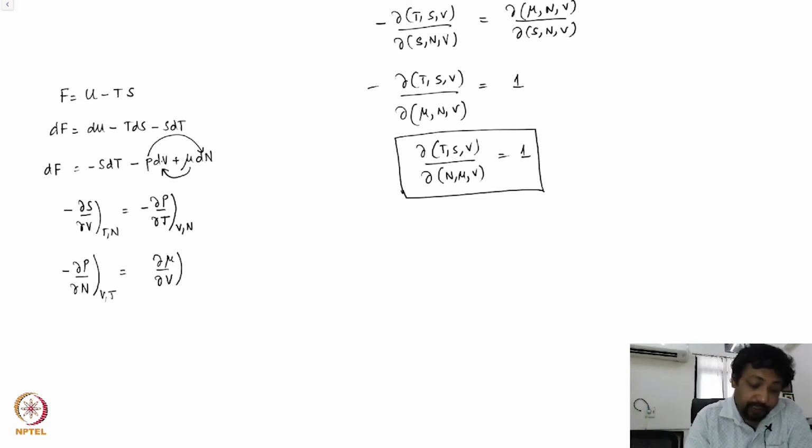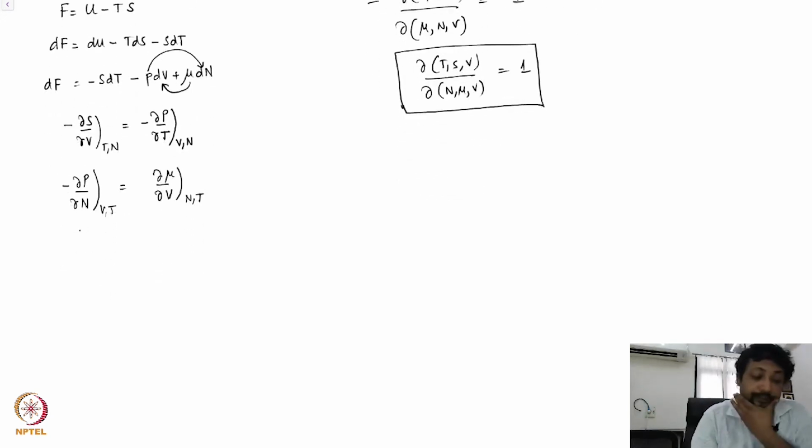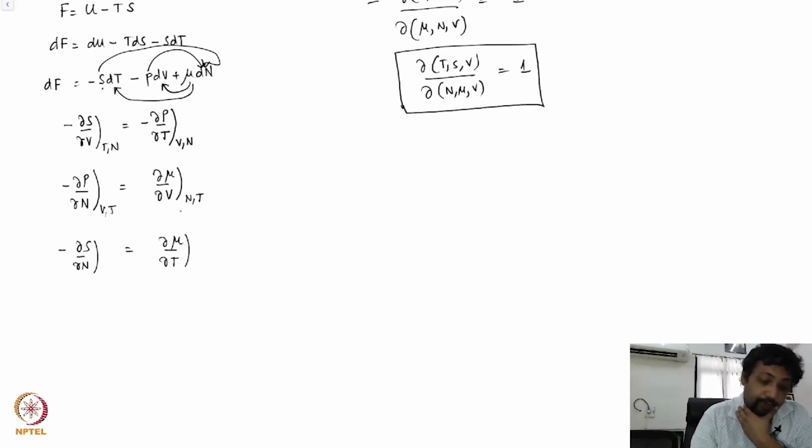When you do del mu del V, N and T are held constant. And finally you have the last relation where you use S with N, so S with N and mu with T. So minus del S del N is equal to del mu del T. When you do del mu del T, your N and V are held constant. In this case, when you do del S del N, your T and V are held constant.